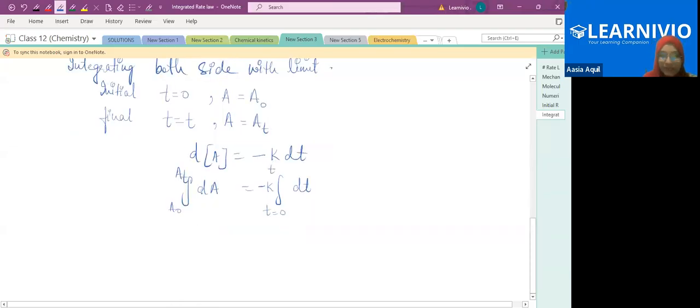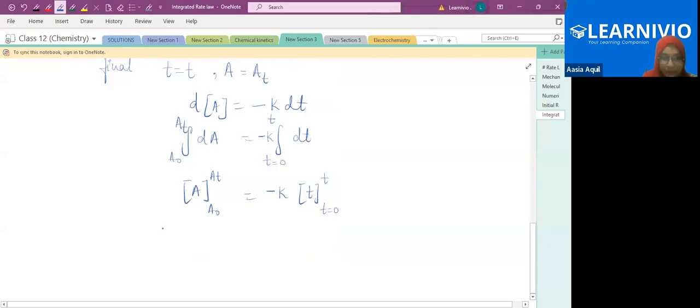When you integrate this, you get the concentration of A with upper limit At and lower limit A naught. Similarly, keeping the constant outside, you get t with upper limit t and lower limit 0.